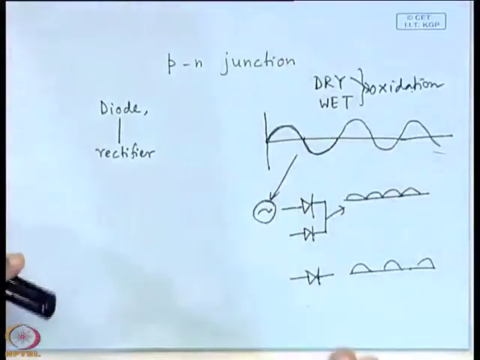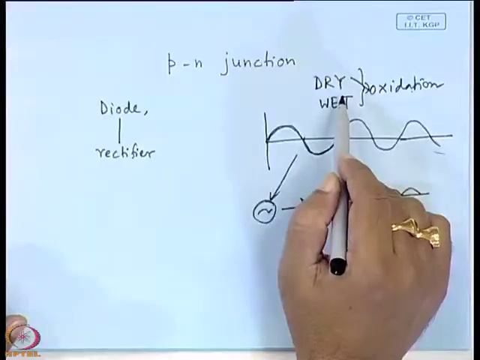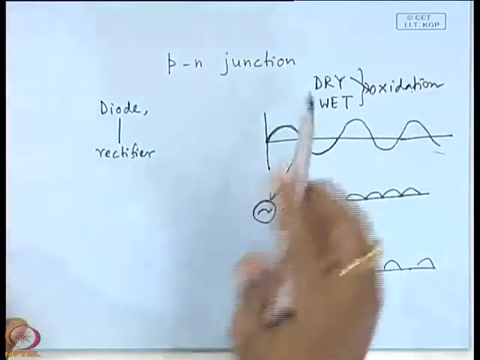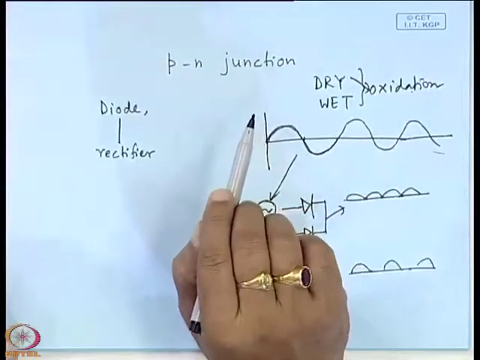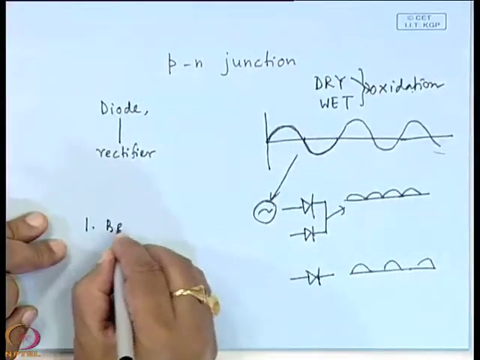The difference is that dry oxidation is very thin and its adhesion with the silicon is better than the wet oxidation. That means the oxide film formed using dry oxidation has better adhesion compared to the wet oxidation film. So, one advantage is better adhesion.